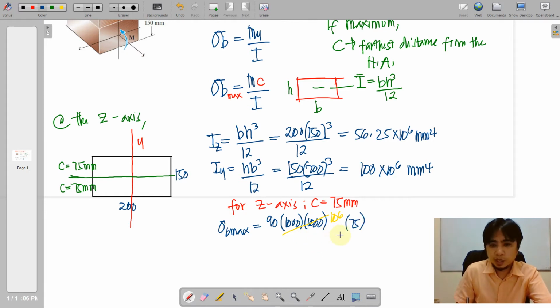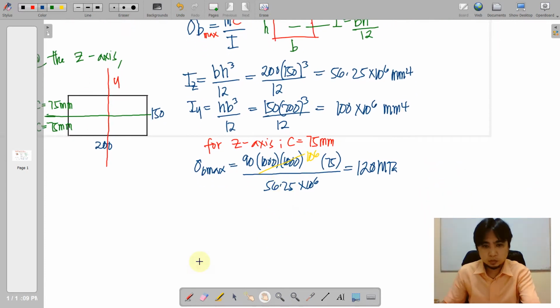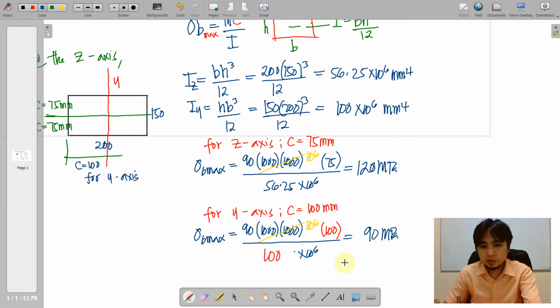So we multiply by the c, 75, and divide by the moment of inertia, and we have an answer of 180 megapascals. We do the same for the y-axis, where c is equal to 100, and we get a maximum of 90 megapascal for the y-axis. That's it for this problem.